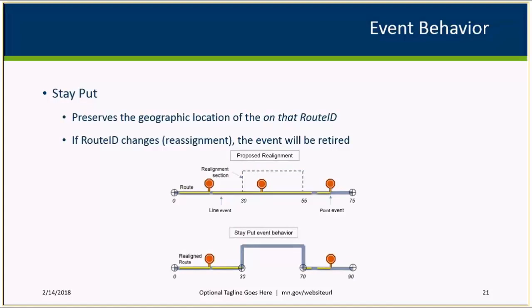For the stay put behavior, events in the middle of the realignment get retired, but events downstream stay put. Notice how at the realignment section the events are gone, but before the realignment and after the realignment, the events are still there.